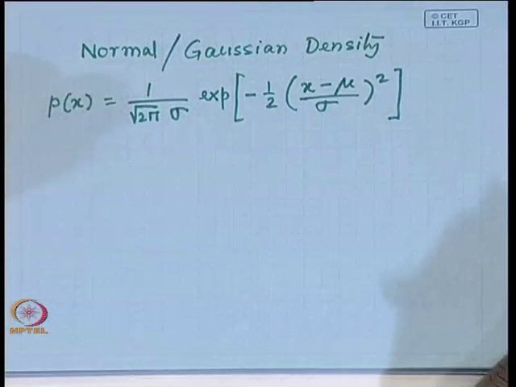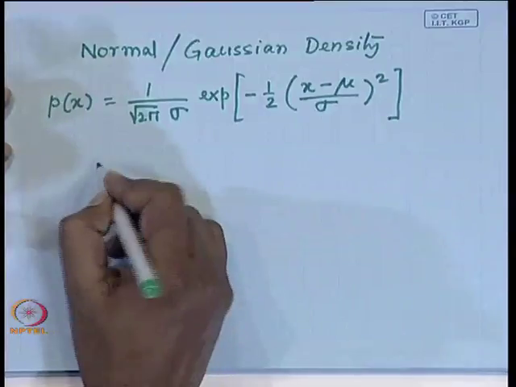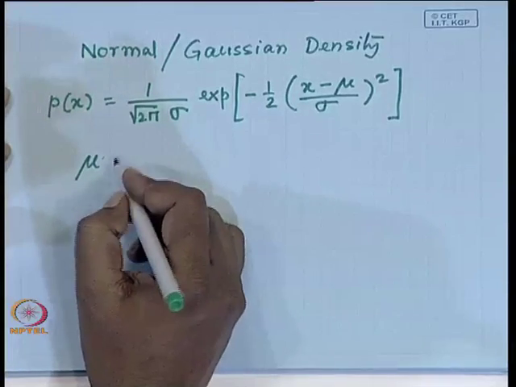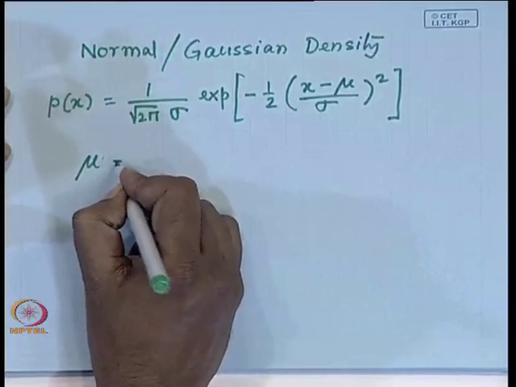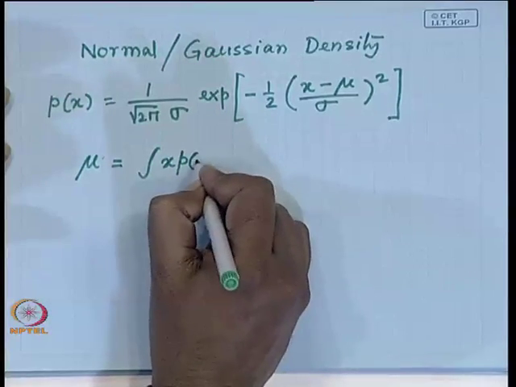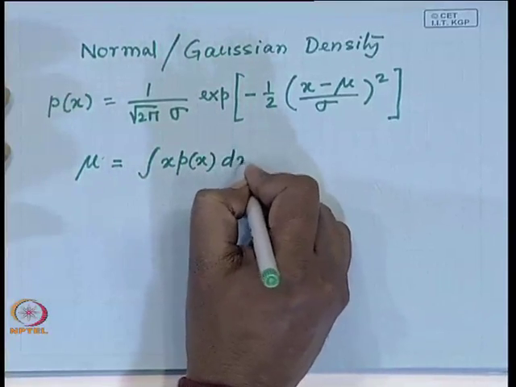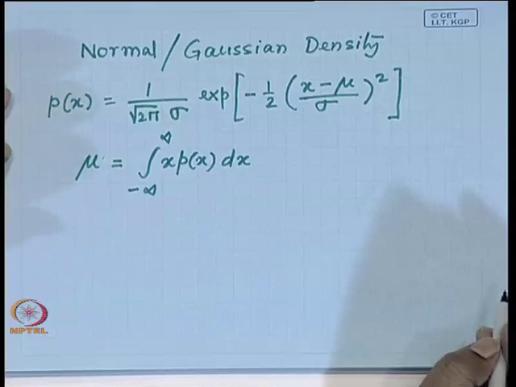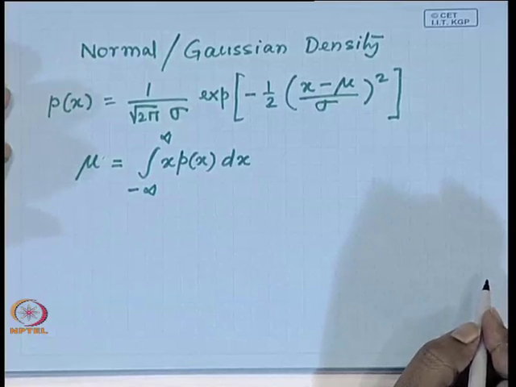So, this is the expression for normal or Gaussian density, where mu is nothing but the expected value of x, or mean value of x, which is simply given as integration of x p of x dx, where the integral has to be taken over the limit minus infinity to plus infinity.